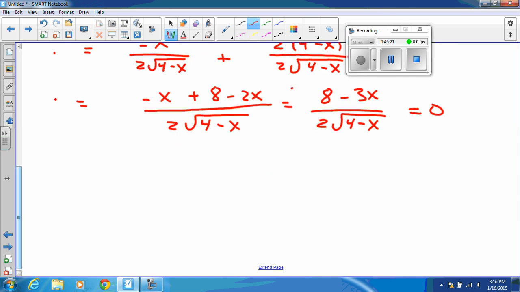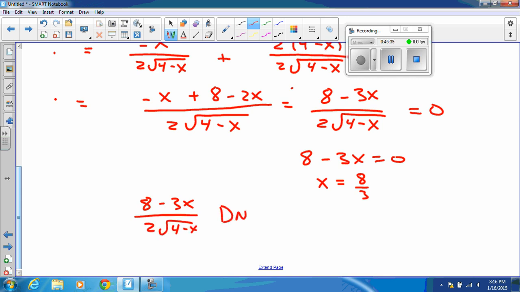And this is our simplified derivative. Notice that the calculus part is not hard, but the algebra took us, well, 1, 2, 3, 4 different steps. So you have to be patient with the algebra, and you have to be careful with it.